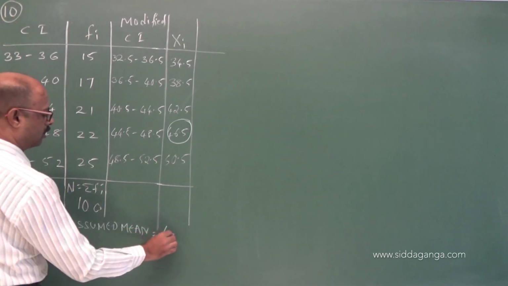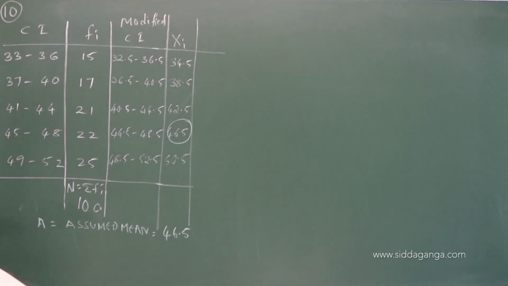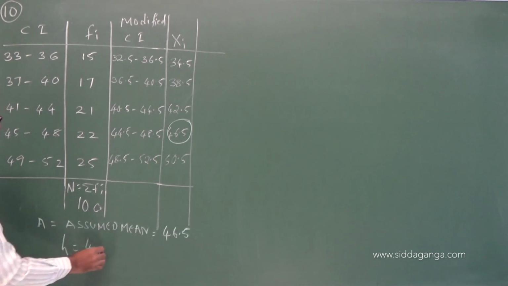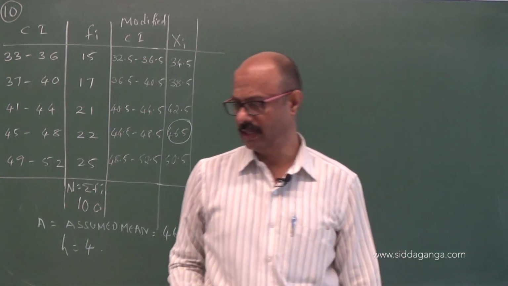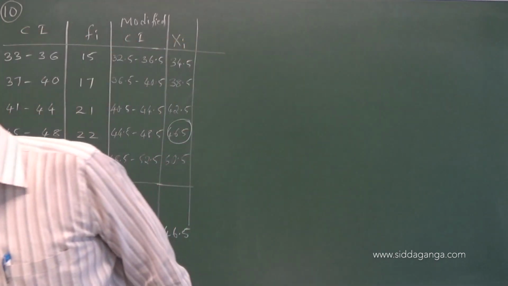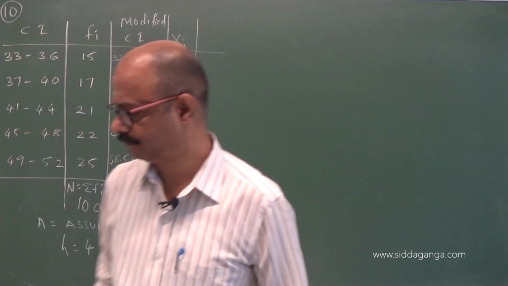Assumed mean is equal to 46.5. Look at H. H is 4, the difference in the class interval. The difference in the class interval, we call it H. Here H is equal to how much? 4. Right.